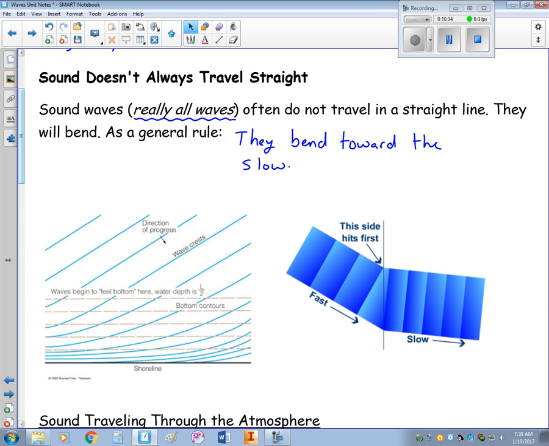Think about a marching band trying to march in a parade and go around a turn. The people on the inside of the turn have to slow down, and the people on the outside of the turn have to speed up in order to keep a straight line as they make a turn. Waves do sort of the same thing.